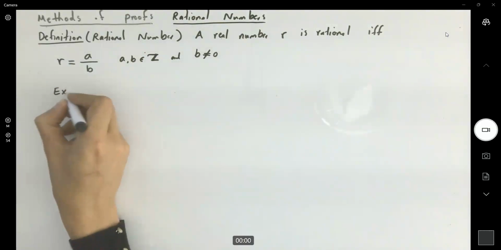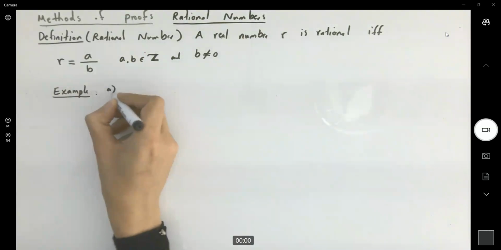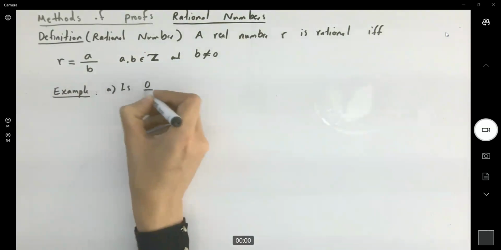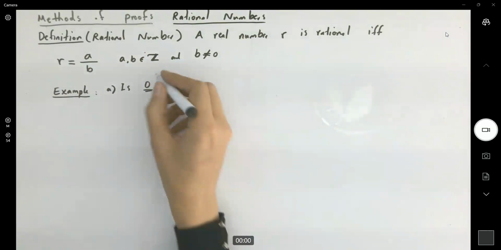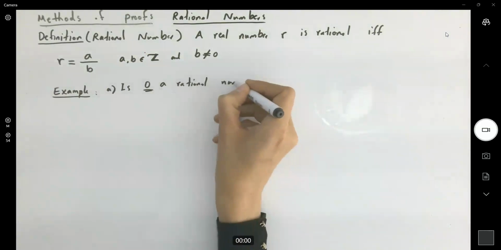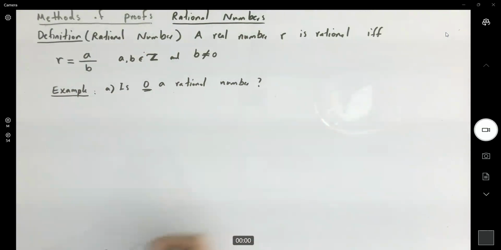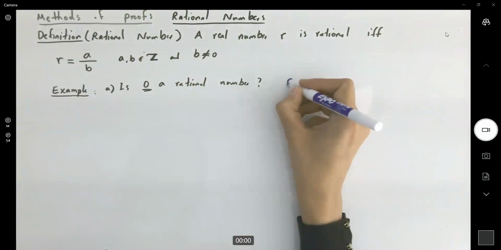Okay, example. Is 0 a rational number? Yes, it is. Why? Because 0 can be written as 0 divided by any number.